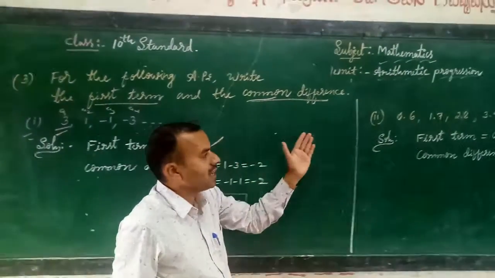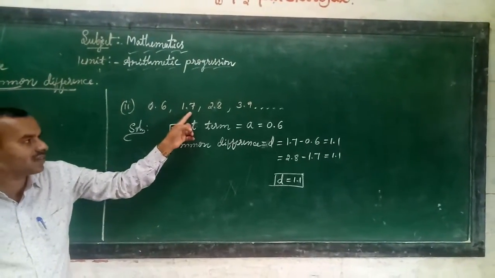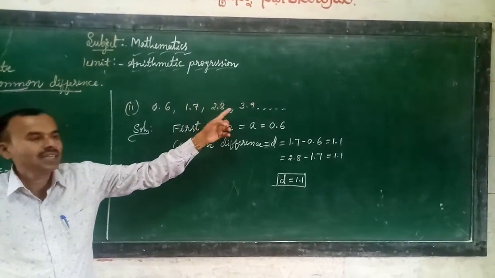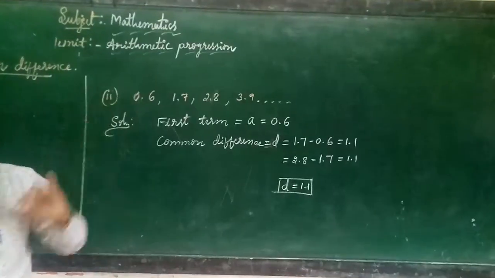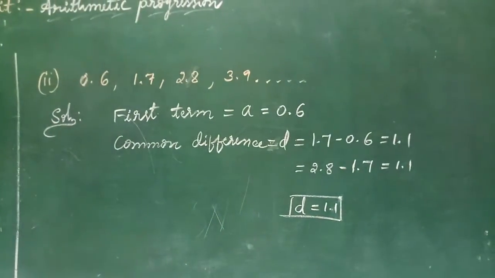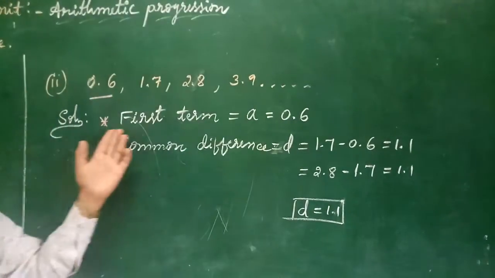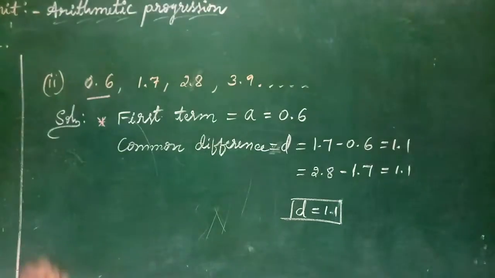Similarly, in the next problem, 0.6, 1.7, 2.8, 3.9. In this problem, we have to identify the first term and common difference. This is a simple problem. First term A equals 0.6.